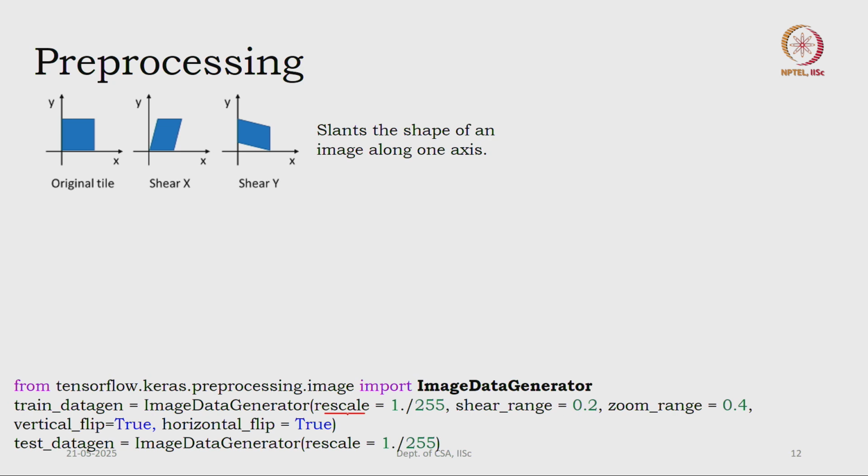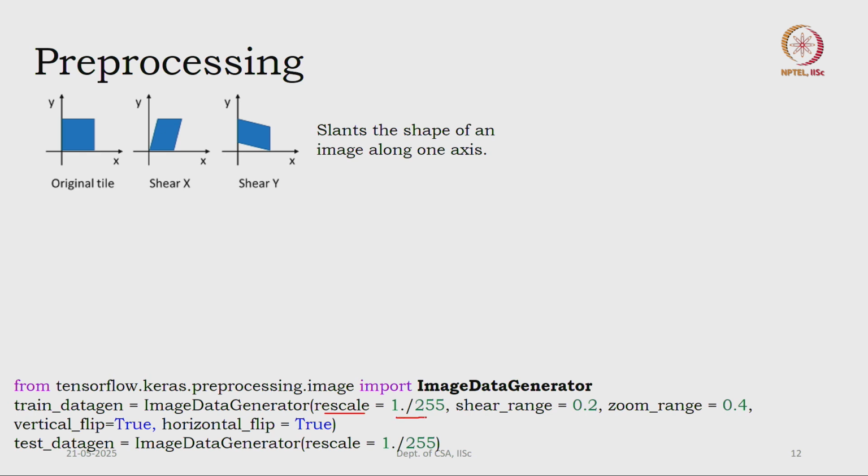So rather than working on larger values within the image matrix, we are scaling down the values between 0 and 1. Why 255? Because the maximum number that we can have is 255. When you divide 255 by 255, you get the value 1. So when you want to scale down the values between 0 and 1, we perform this operation.